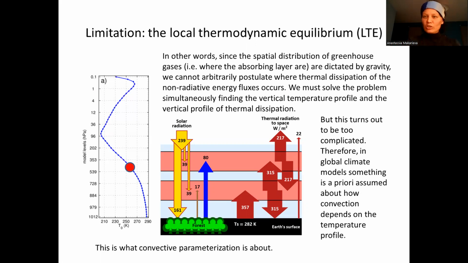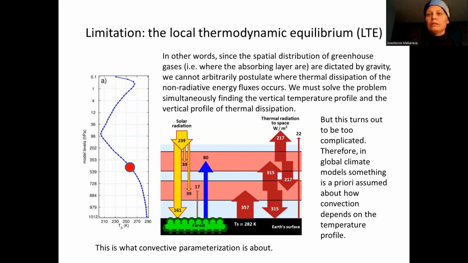But now imagine, what if this temperature lapse rate that we calculated by specifying where the dissipation of non-radiative fluxes to heat occurs turns out to be very steep? What will happen?